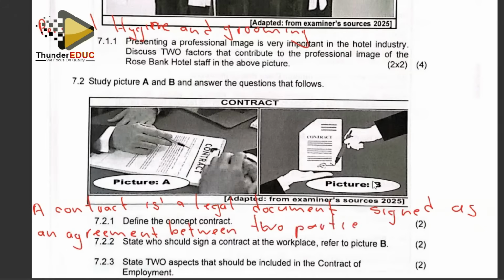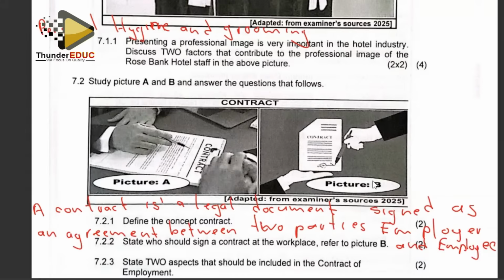So these two parties, the employer and employee. We can say the employer and the worker. It is a legally binding document which is signed between two parties, employer and employee.